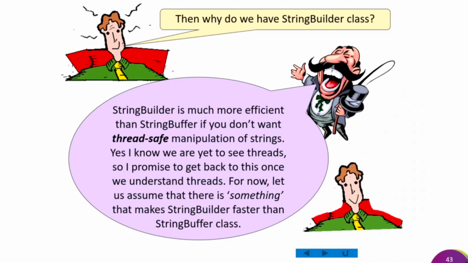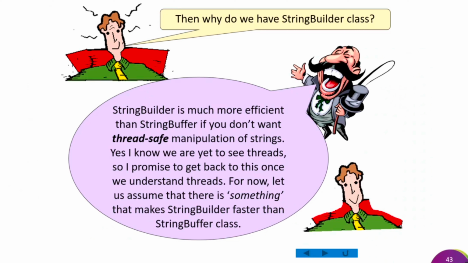Since thread safety was available in string buffer, it first ensures that at a time only one thread can access that particular method. If more than one thread comes together, it will not allow all, it will allow one by one. Because of that, the string buffer class was slow.